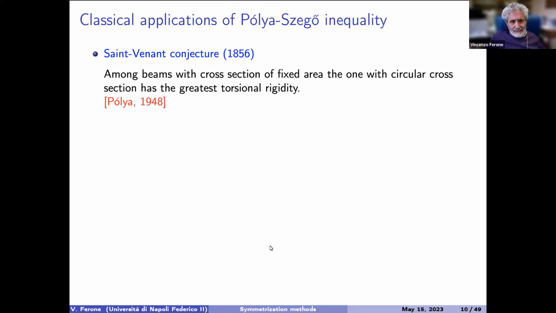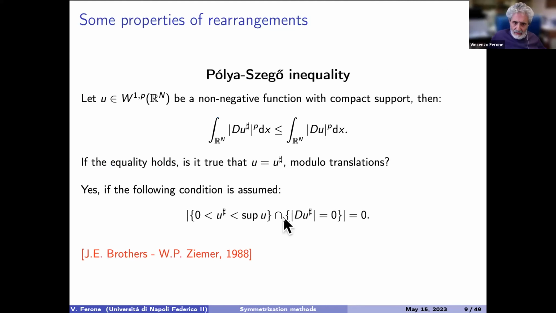In a certain sense, this can be used as an instrument like the isoperimetric inequality: leaving the distribution function of u fixed, this integral goes down.